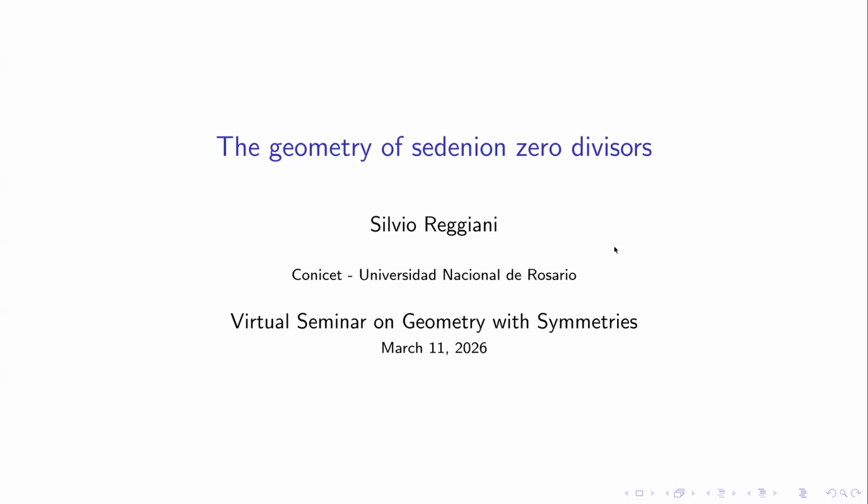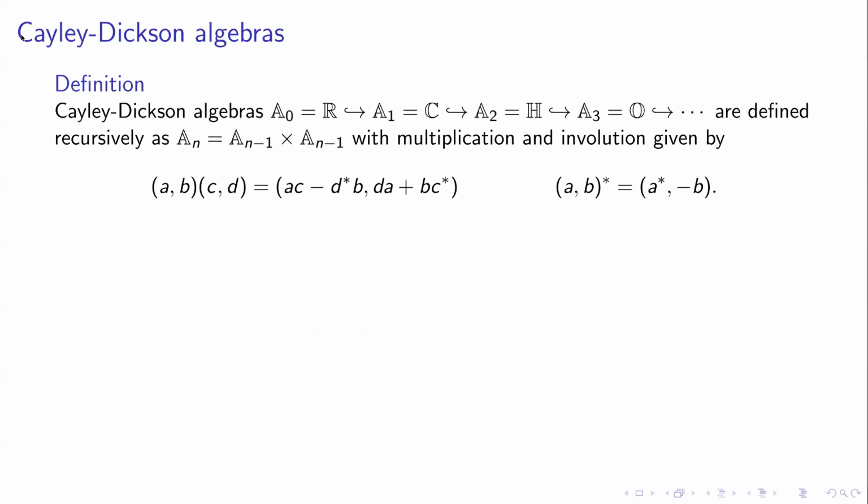So, in this talk, I want to talk about some homogeneous metrics that appear naturally on the sedenion zero divisors. It's a problem that I've been studying for some years now, so this is what I know so far. In order to define the sedenions, we have to recall the definition of the Cayley-Dickson algebras.